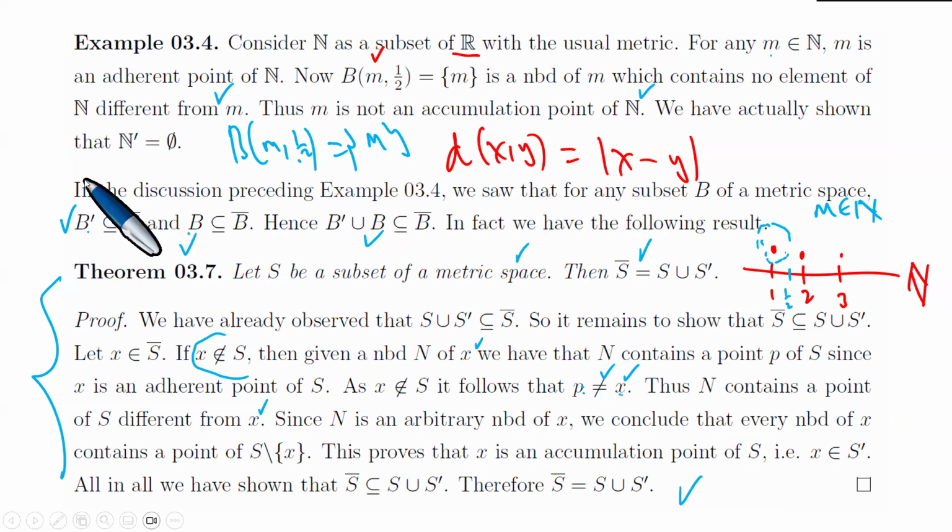So the derived set of the natural numbers is empty, because the natural numbers have no accumulation points.